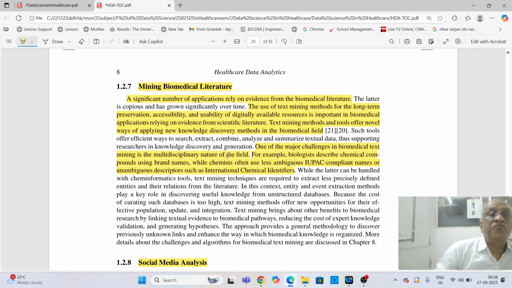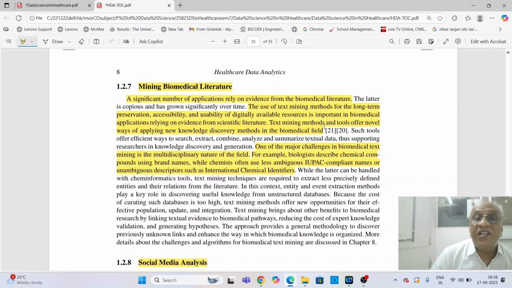The next source of healthcare data is mining biomedical literature. Text mining techniques will be used for preserving, accessing, and using the digitally available resources in biomedical applications. They rely on the scientific and biomedical literature.